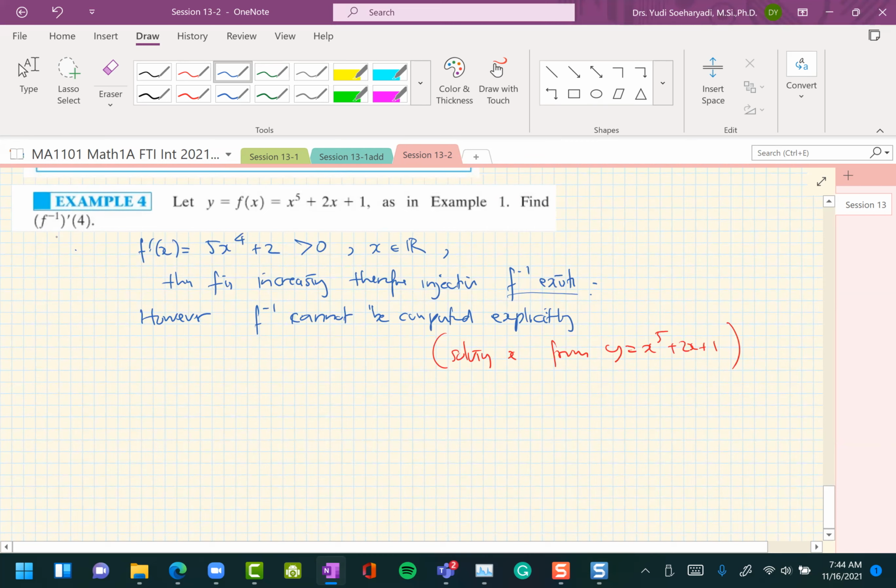So how do we compute the derivative if this is unknown? The problem here is that we cannot find f inverse explicitly.